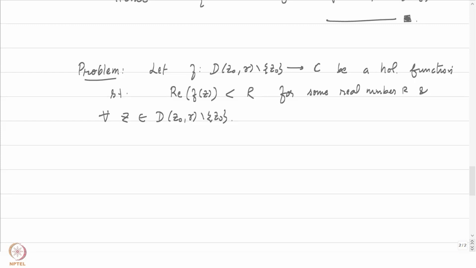So the real part is bounded above on the punctured disk of radius r. If this happens, even then f has a removable singularity at z0.